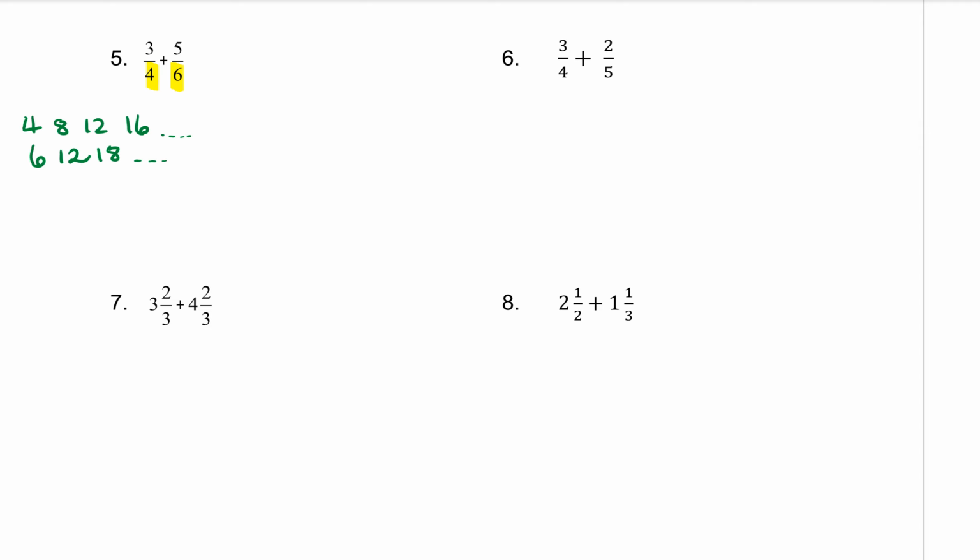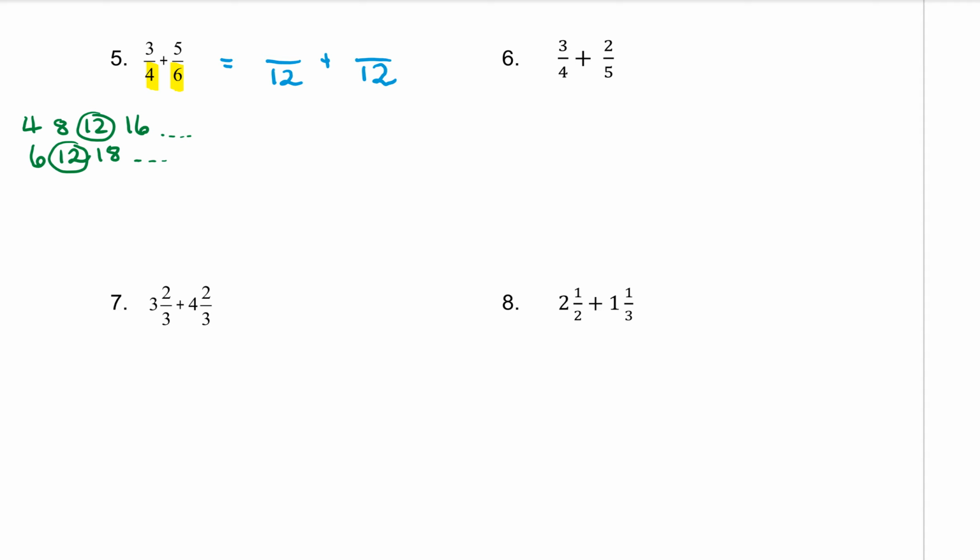And you can see in those lists already that I've got a multiple that is common to both of those, and it is 12. So I don't need to go all the way to 24. 12 is actually the smallest number that I could use for my denominator. So let's use 12. So 12 is going to go on the bottom of each of my fractions.